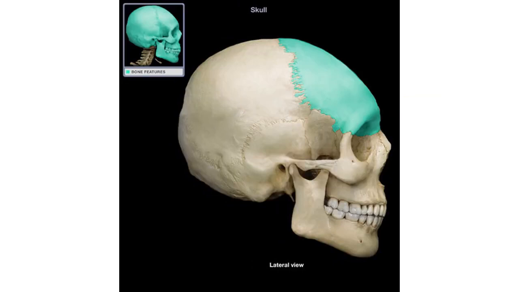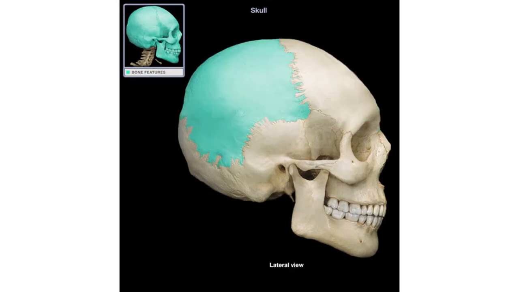This is a lateral view of the skull. The green marked bone is the frontal bone, and if we go posteriorly, we can see a suture between the frontal and the next bone, which is called the parietal, and because this suture is in the coronal plane, this is going to be called the coronal suture.